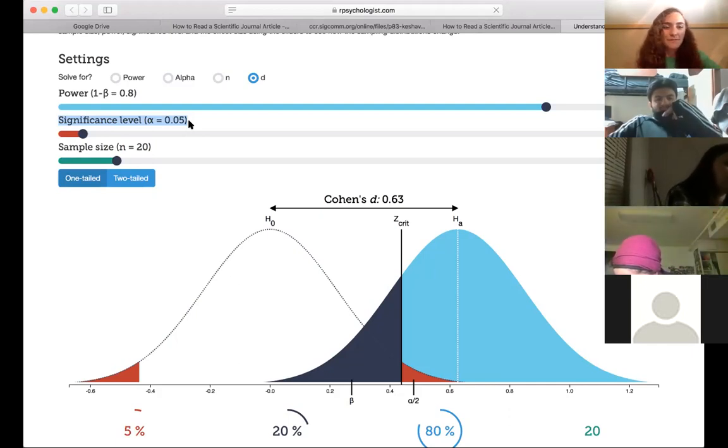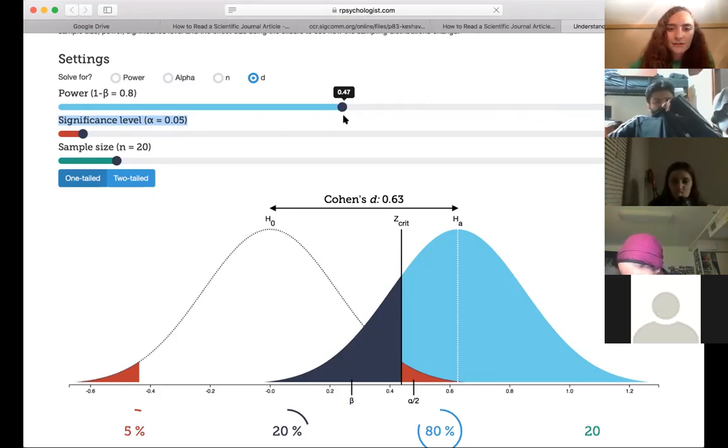So it's not good to have a really low alpha that's actually 0. You usually want something like 0.05, which is the normal one. I'm going to say the power is.